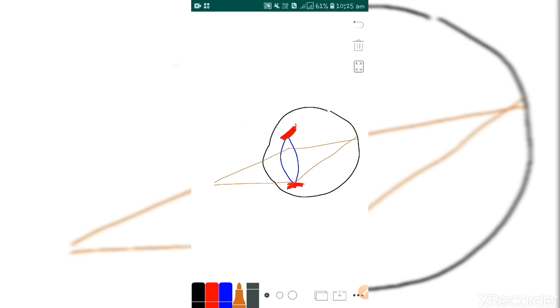Okay, so talking about the objects when they are near to the eyes, for normal eyes, the ciliary muscles compress the eye lens. Due to the compression of the eye lens, the focal length is smaller comparatively to the condition of the eye lens when the object was at a greater distance.